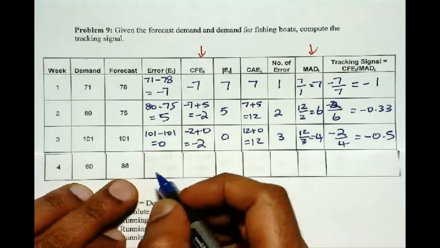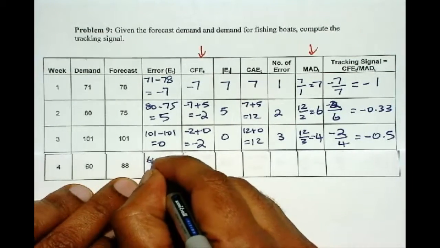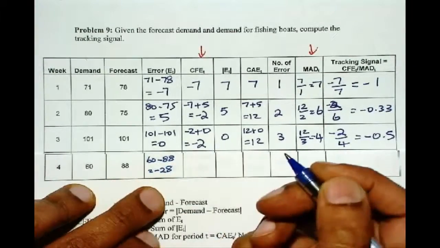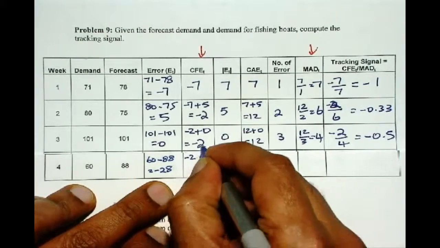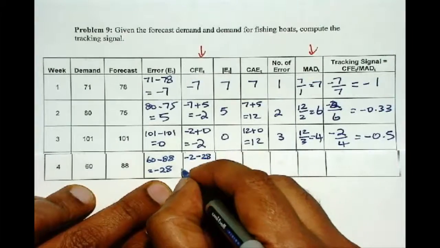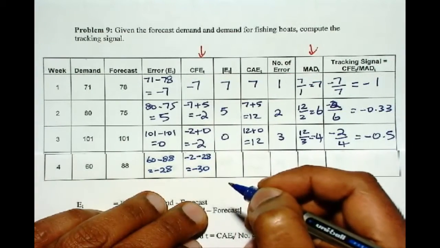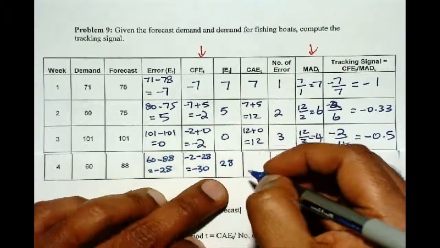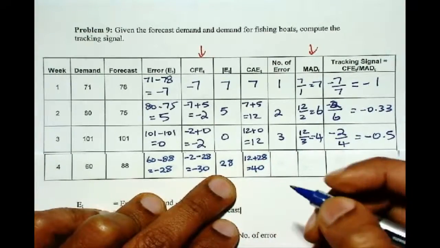Then week 4, 60 minus 88 equal to minus 28. Now minus 2 plus minus 28 will give you minus 30. The absolute error is 28. Then 12 plus 28 is 40.